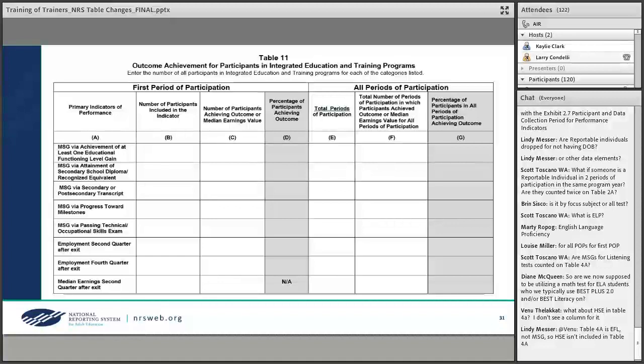Same with milestones for IET participants only. Same with milestones, passing a technical exam. Those three new rows are different ways of collecting MSG that we don't typically do in adult ed, but we're collecting them on these IET students, for all periods, both first participation and subsequent periods of participation.